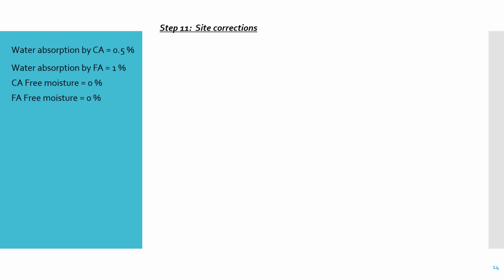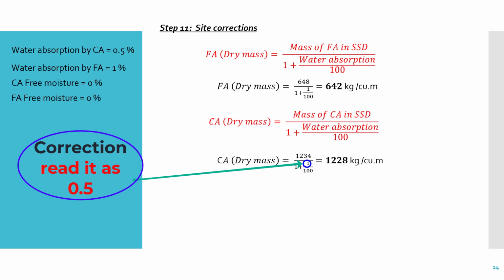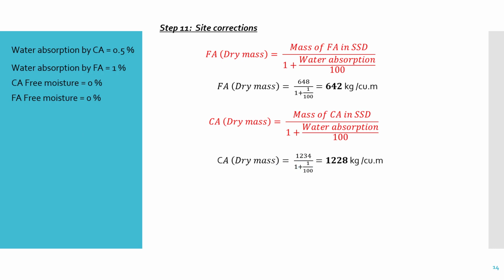Last step is applying the site corrections. From the test data, we know that we have only water absorption in coarse aggregate and fine aggregate. If we apply the correction as per the expressions given here, we get the value of fine aggregate and the coarse aggregate to be 642 and 1228 kgs per meter cube of concrete.